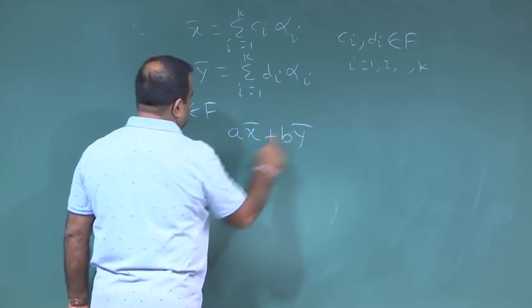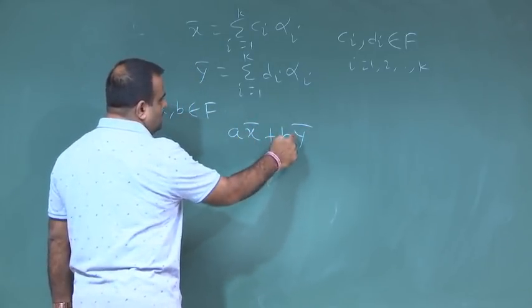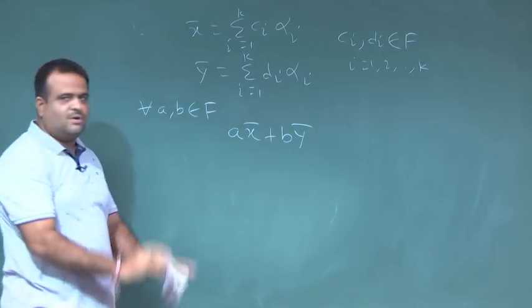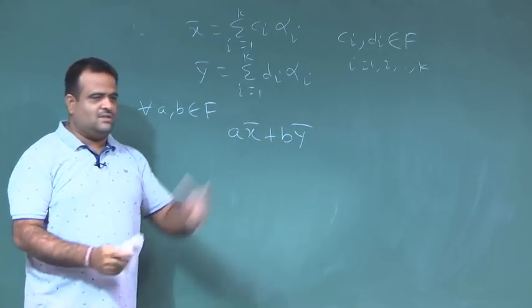This is scalar multiplication, and this is again scalar multiplication, and this is vector addition, but for simplicity we are writing it in this way.